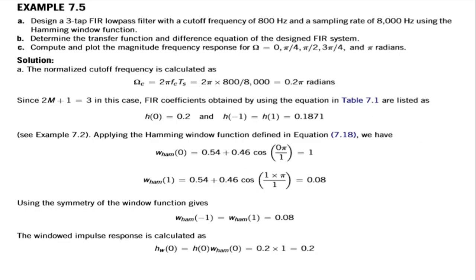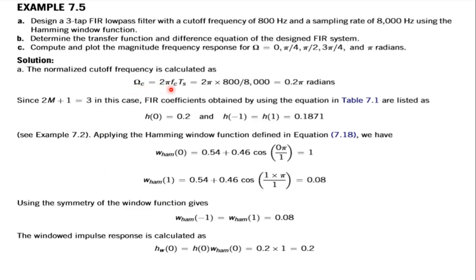We will use this formula of low pass filter in the next example. The example is given as: we have to design a 3 taps FIR low pass filter. Its cutoff frequency is given as 800 Hz and the sampling rate, fs, is 8000 Hz. Firstly, we have to calculate the cutoff frequency, omega c.